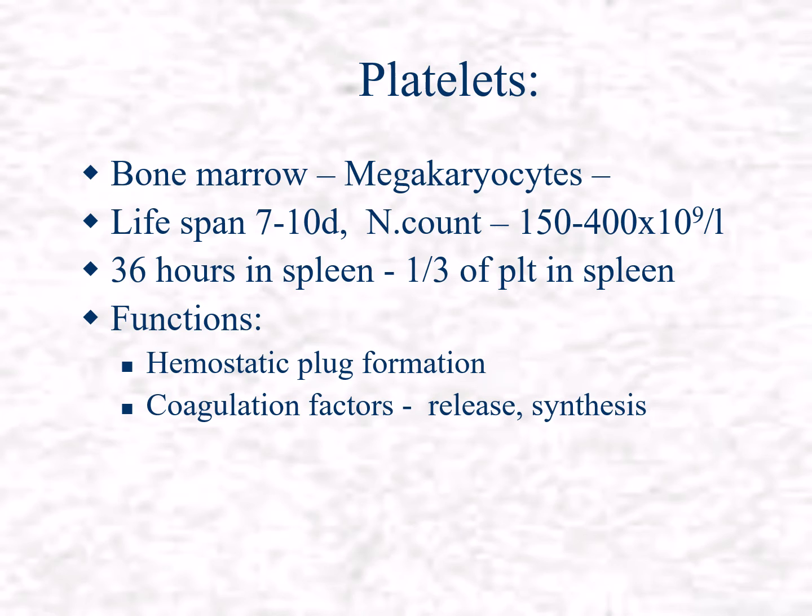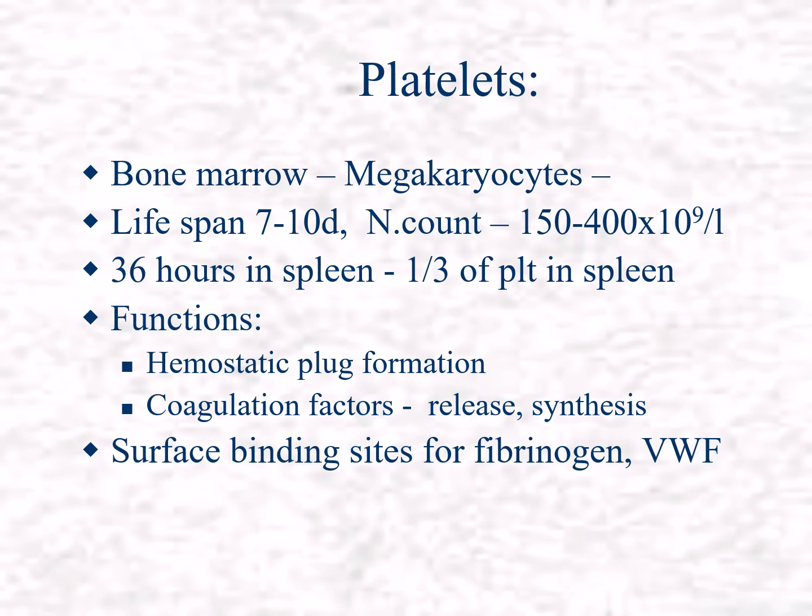They spend some of their lifetime, about 36 hours, in the spleen. Their function, as we have mentioned, is involvement in the formation of the hemostatic plug, and they form a complex with the coagulation factors.